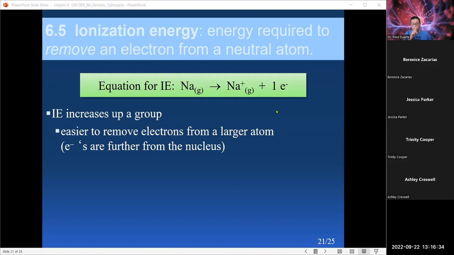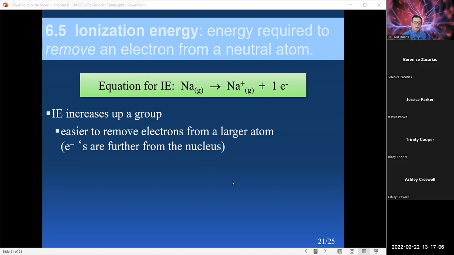Also, with the nonmetals along the same period, as you go across the periodic table you pick up protons and electrons, and that nuclear charge, that attraction, gets stronger. Hence, it takes a lot of energy to remove an electron. So given everything we talked about, the ionization energy hopefully starts to make sense.